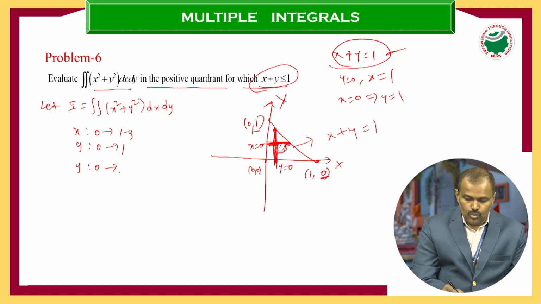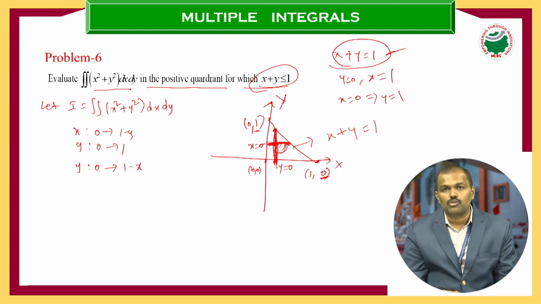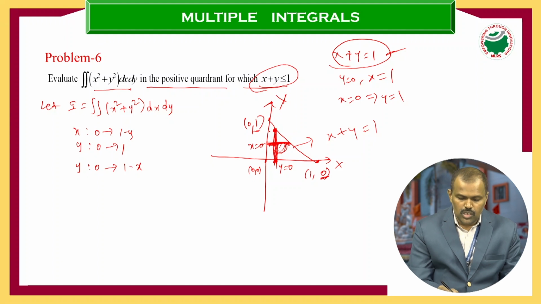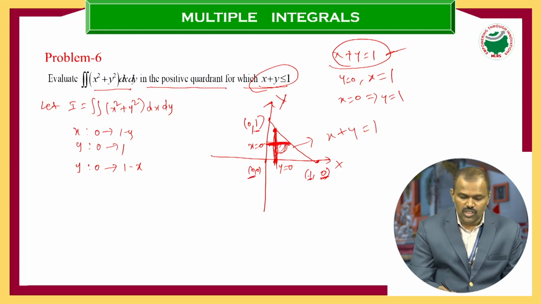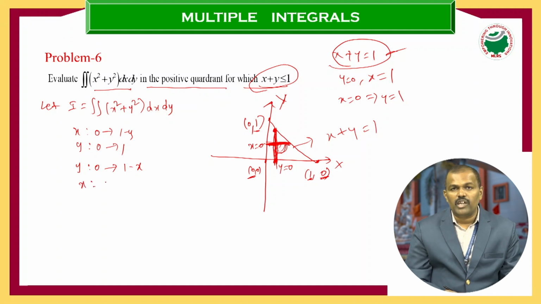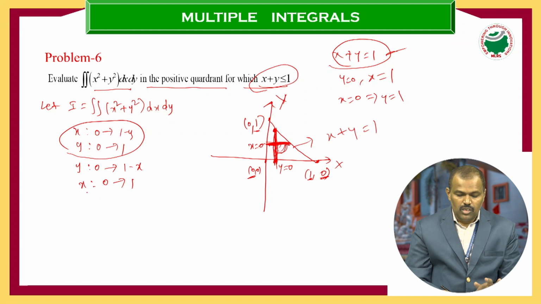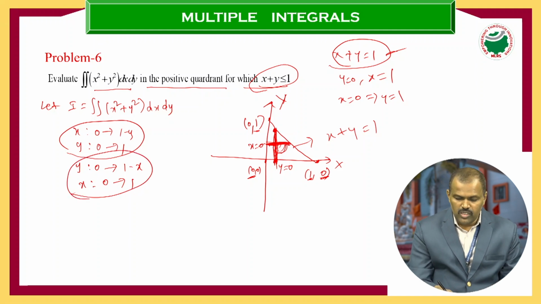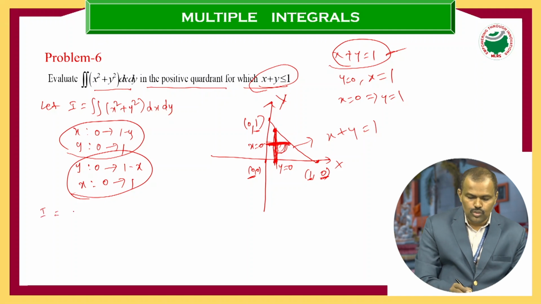So that is equal to, first with respect to y, keeping x terms constant. That is the integral from 0 to 1 of x square into the integral of 1 dy, that is y, plus the integral of y square, which is y cube by 3, with y limits 0 to 1 minus x, dx. Now in place of y we have to substitute the limits.